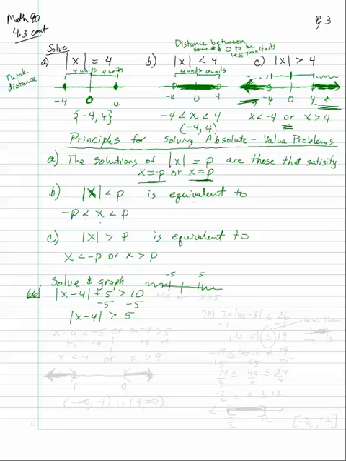I want x, my algebraic expression, to be greater than 5, or x is less than negative 5. So you just got to remember that. Just straight memorize it or kind of walk through it the way I just did. So we're going to get the expression inside the absolute value is less than negative 5, or the expression inside the absolute value is greater than 5.